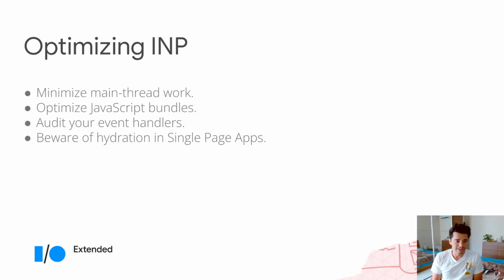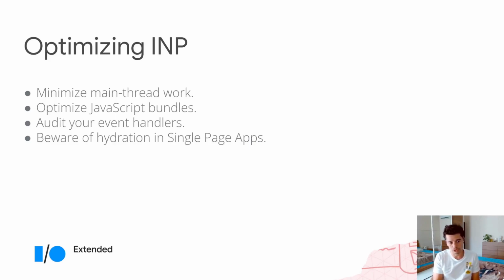How do we optimize interaction to next paint? The biggest culprit for interaction to next paint is JavaScript. Most of the time, a high interaction to next paint means that your JavaScript or your main thread is very busy, and clicking or processing input events takes a lot of time, and you need to optimize your JavaScript.